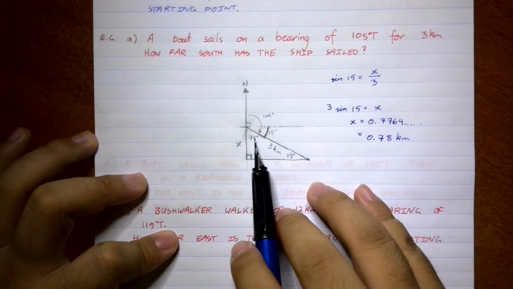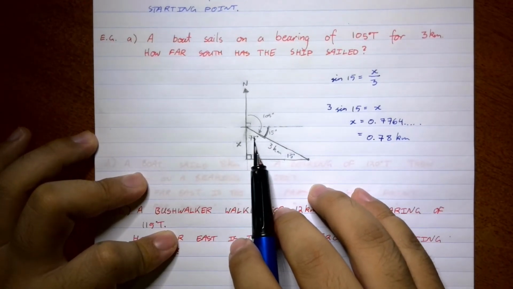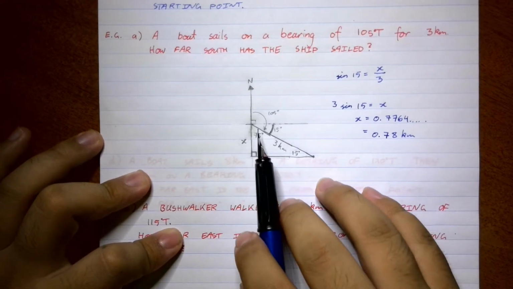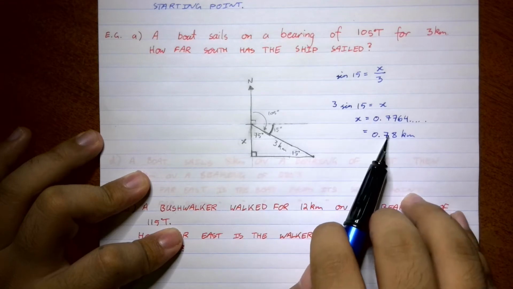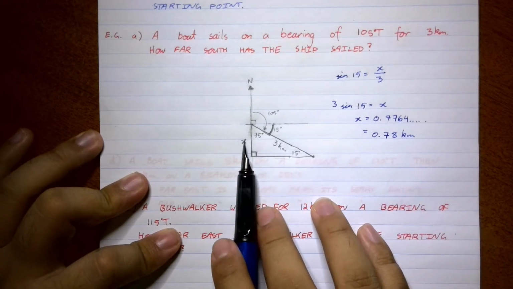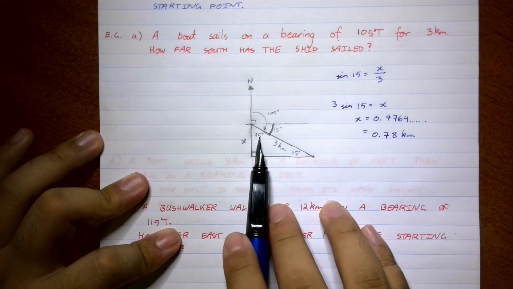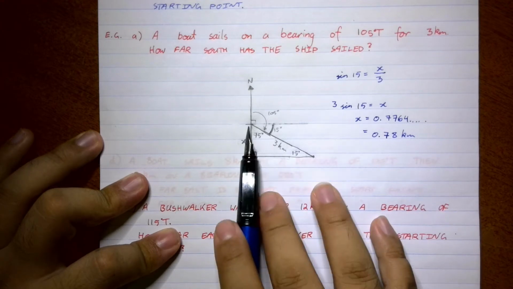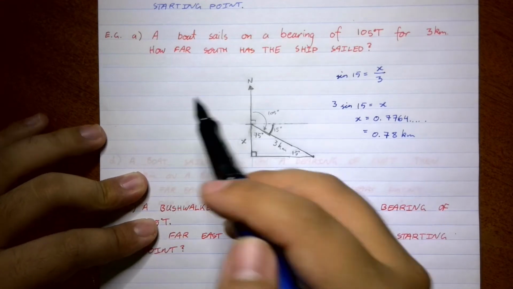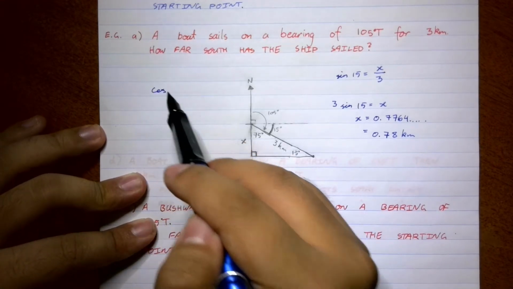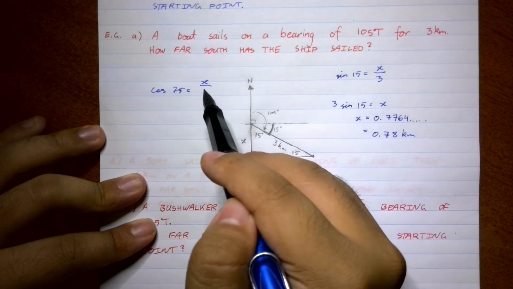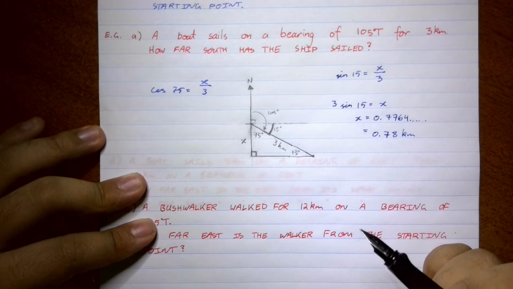Now, the reason why I put the 75 here is that we can answer this using this angle, and we'll get the same conclusion. From 75 we have x, which is adjacent, and 3 kilometers, this line here, which is still the hypotenuse. So adjacent and hypotenuse uses cos 75 is equal to x over 3.